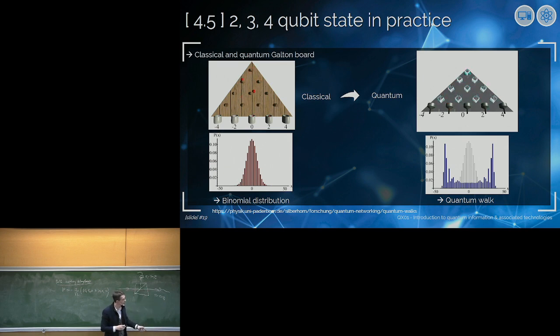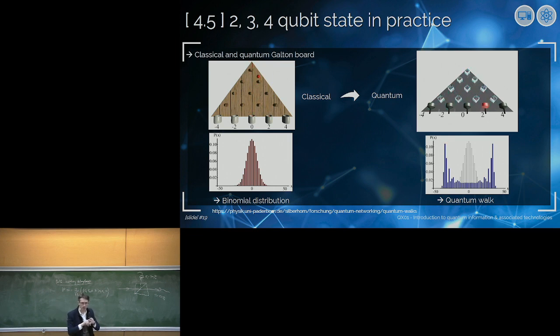This is what you would have with the quantum Galton board, where the probability to find the photons at the end, detected on these single photon detectors, now not just cups, is higher on the sides than in the middle.